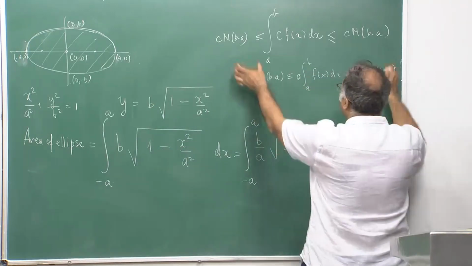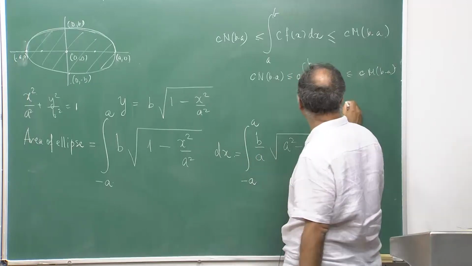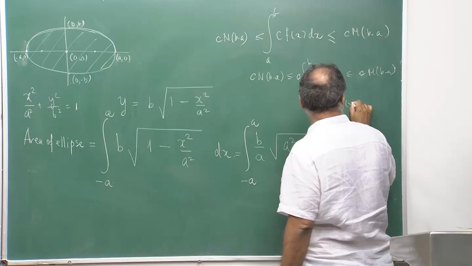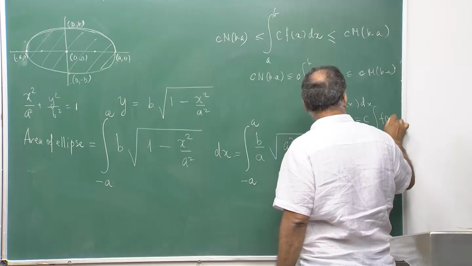Once you have this, you know that these two inequalities look the same. So possibly and intuitively, and it is correct, you can immediately conclude that the integral of c f(x) dx is equal to c times integral f(x) dx when c is positive.